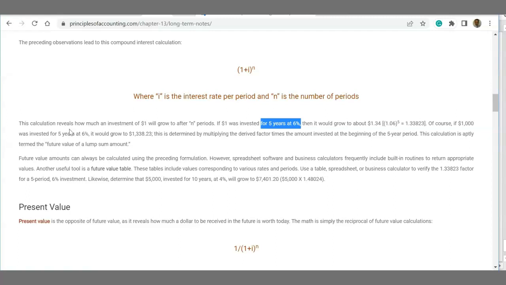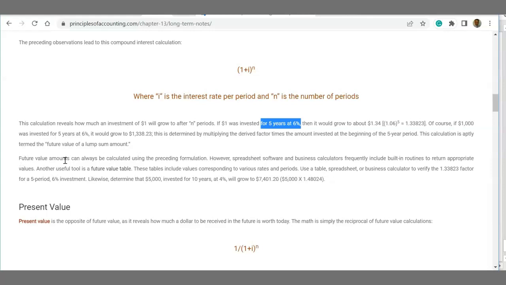And of course, if it's $1,000 invested in 5 years with 6%, it will end up to be $1,338.23. This is determined by multiplying the derived factor times the amount of interest in this formula. In order to calculate this, you can also use the factor in the present value table. So I'm going to show you right there in a second.